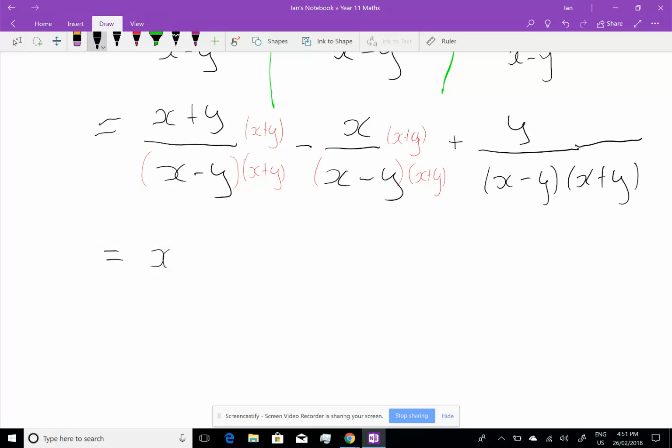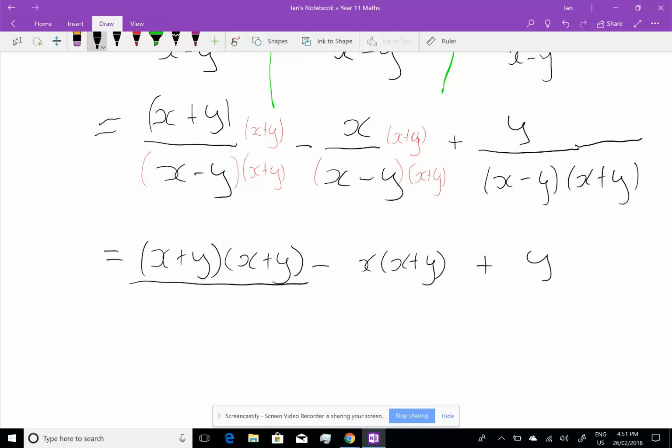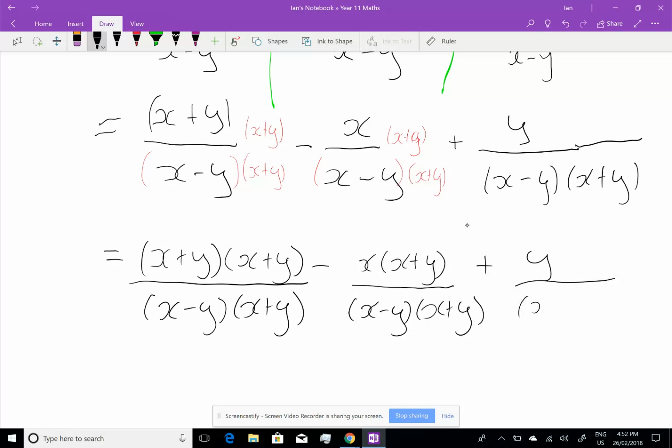Equals x plus y, because it's multiplied everything on top, x plus y, minus x plus y, and this y just stays. And I've got on the bottom x minus y, x plus y.